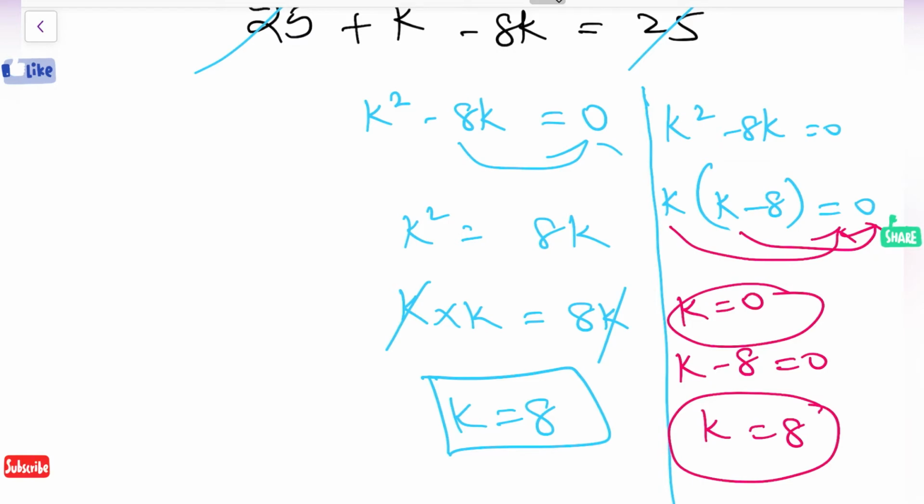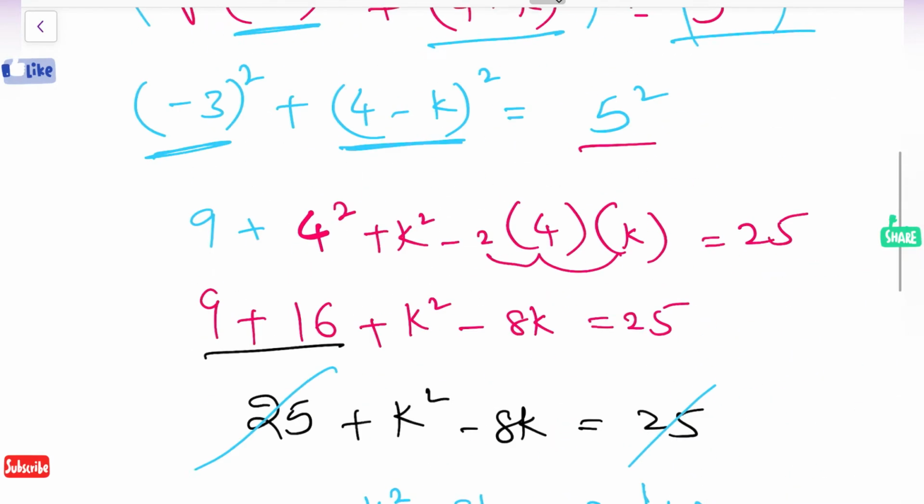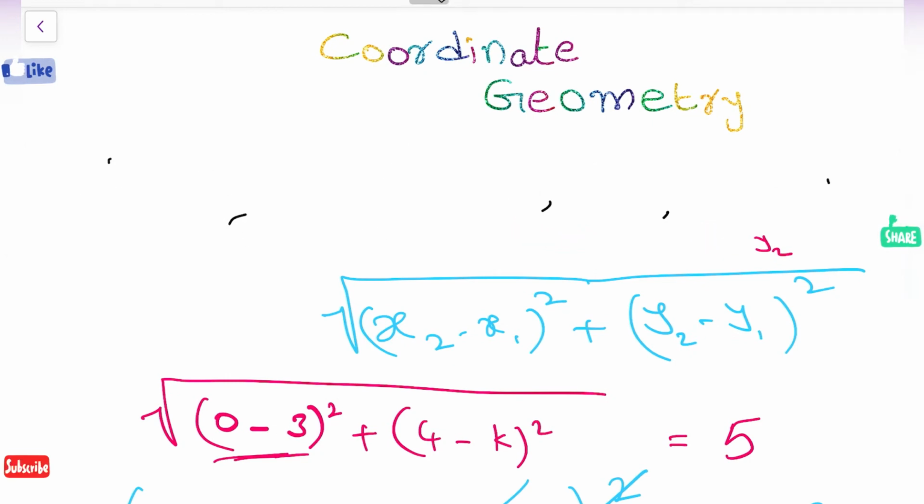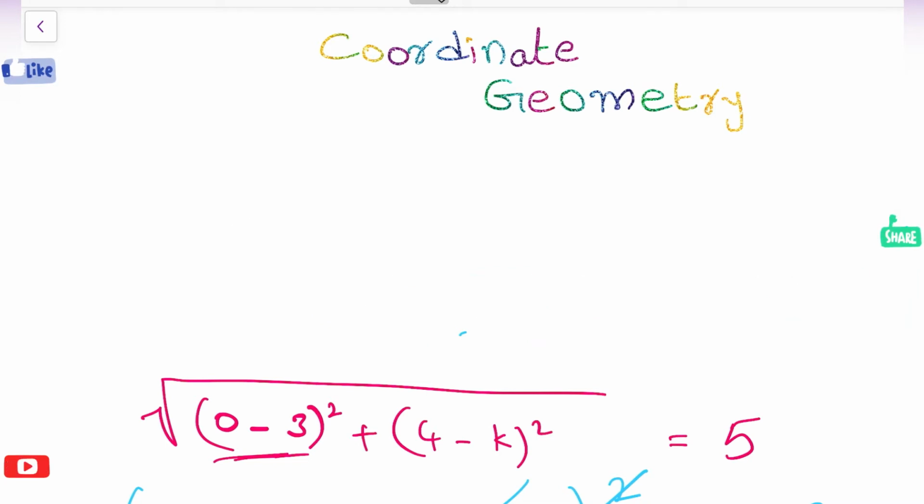Okay, now let us discuss the second type of question from this chapter, that is finding the centroid if they give the vertices of a triangle.